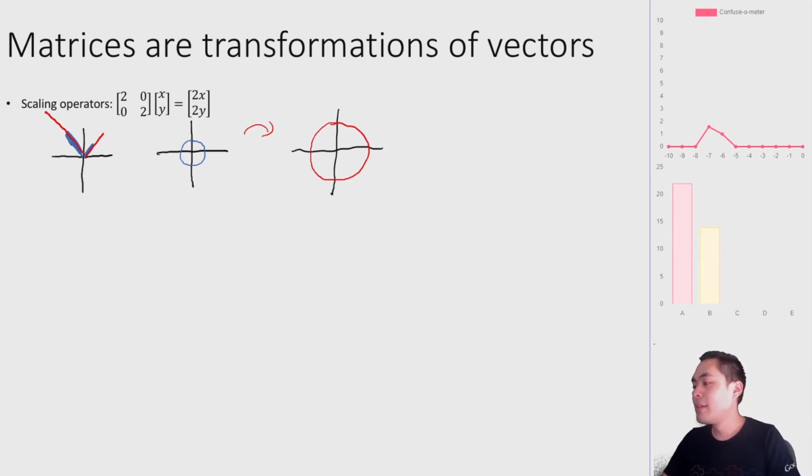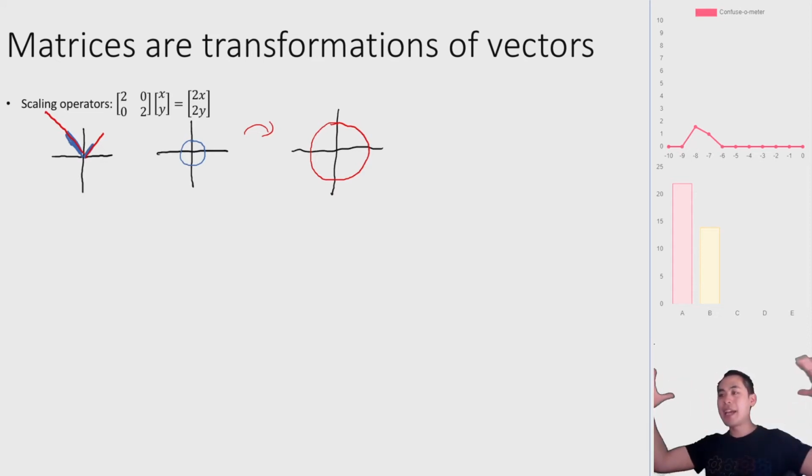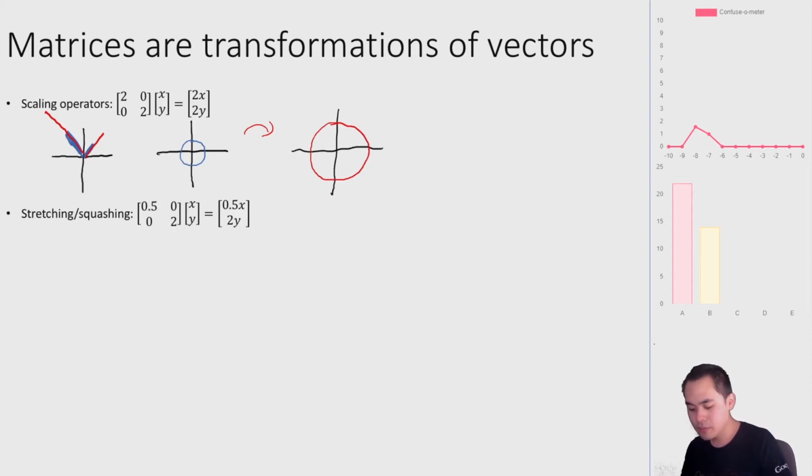Okay? So that's the most basic kind of matrix operation. You're taking each of the coordinates and you're scaling them. This is a powerful way of thinking about matrices, because what they're doing is taking some coordinate and transforming it into some other coordinate.